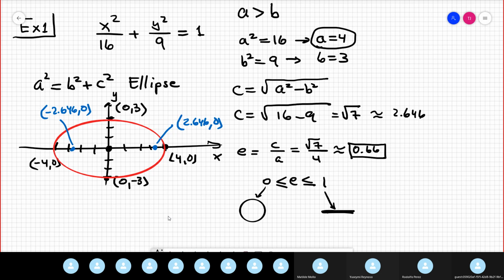It's like that or it's like that? What do you think? Horizontal or vertical? No, because the big value, what is the big, 5 and 3? The 5, no? It's associated with the y.